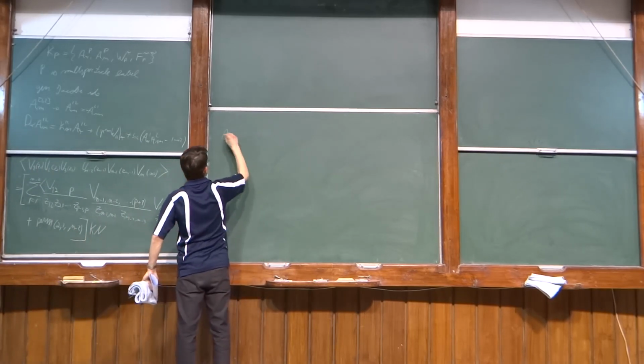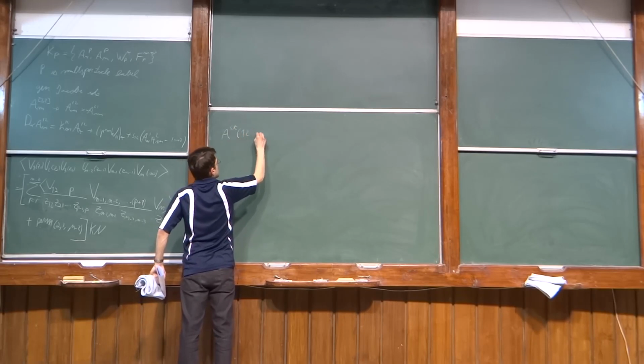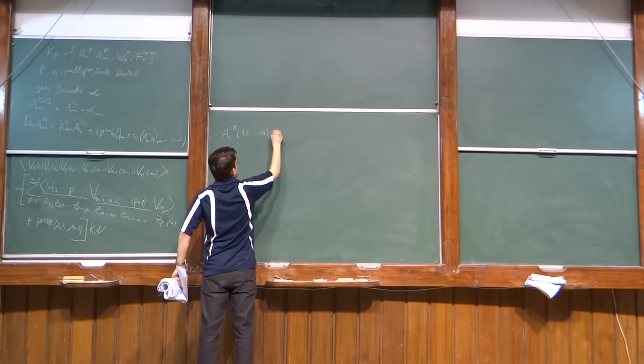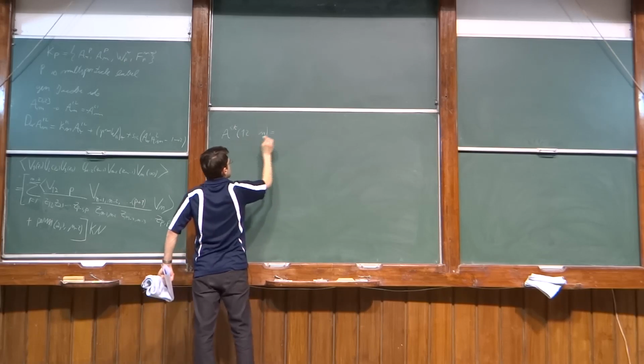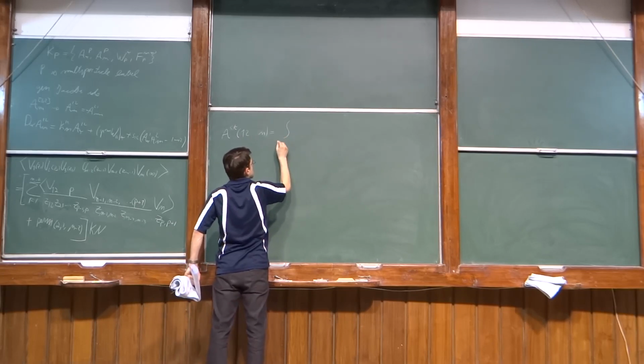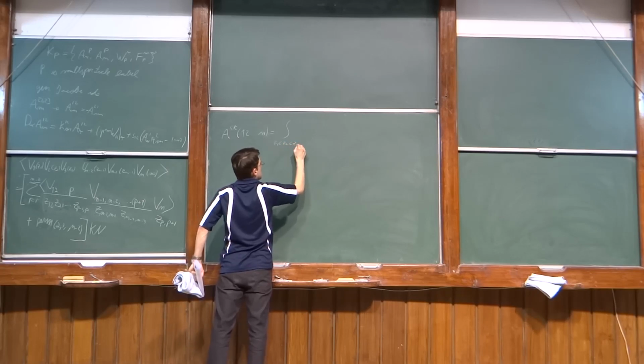Then we are completing the string amplitude with say a color ordering in the canonical ordering like that, and this ordering here will be associated to the integration region of the integrals, right?